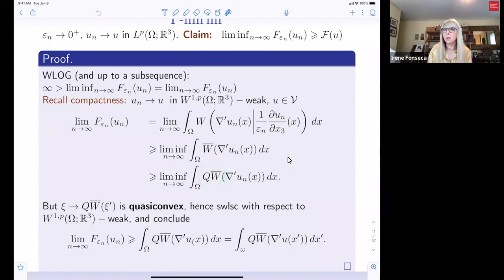But it's also known that this quasi-convex envelope is sequentially weakly lower semicontinuous with respect to weak convergence. Therefore, you go down again. From here, you go down to this, right? So, semicontinuous. But remember, this now does not depend on x3. This was omega cross minus a half, so the integration in x3 is 1, and this is the same as writing this. You don't have an x3 variable there. That's that.